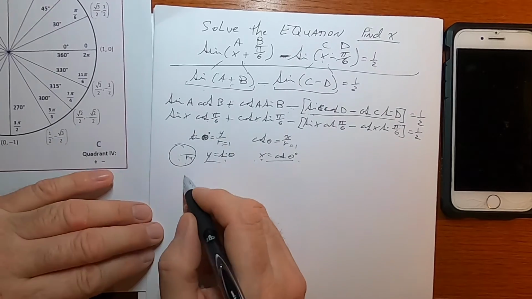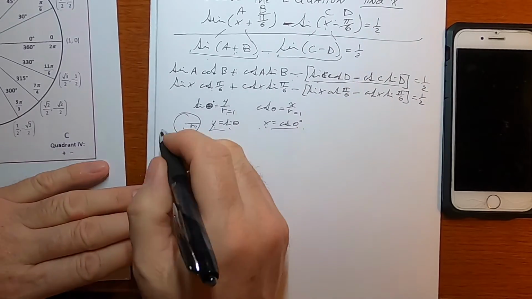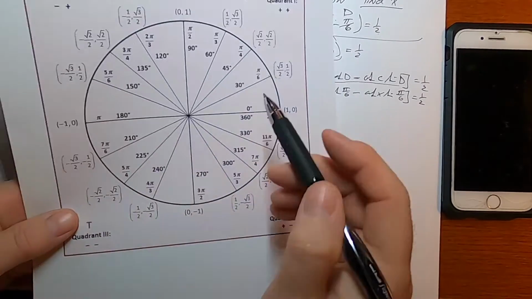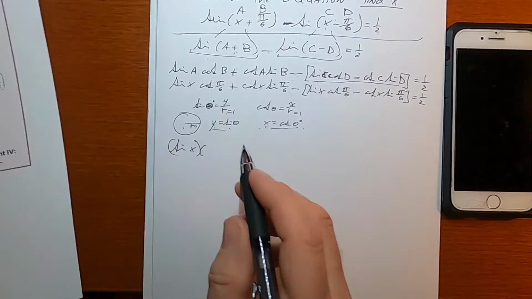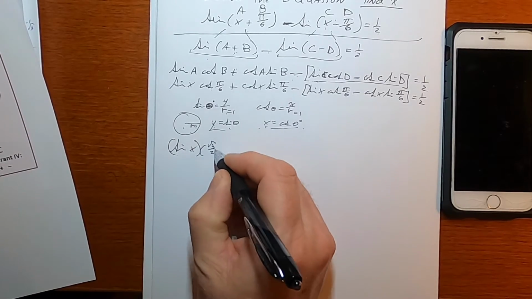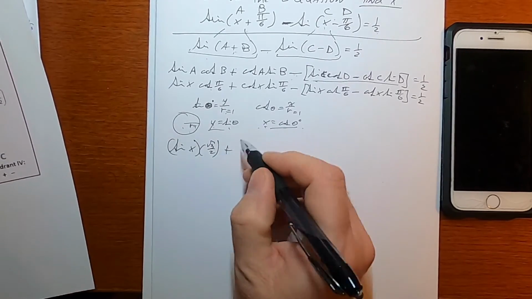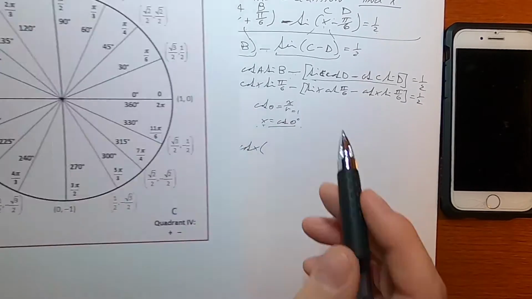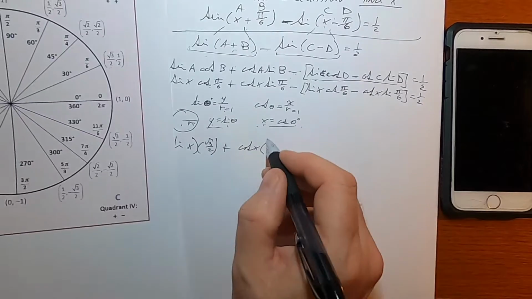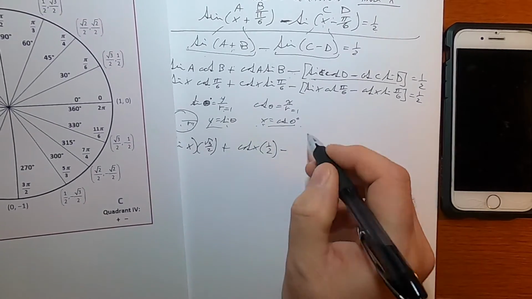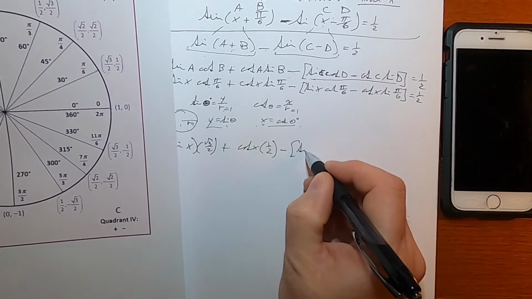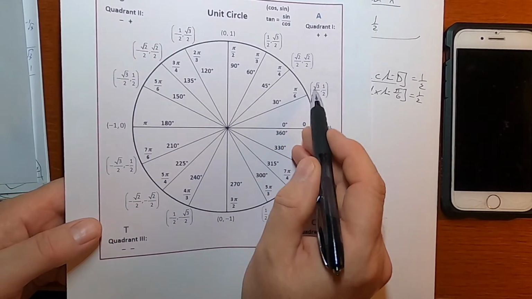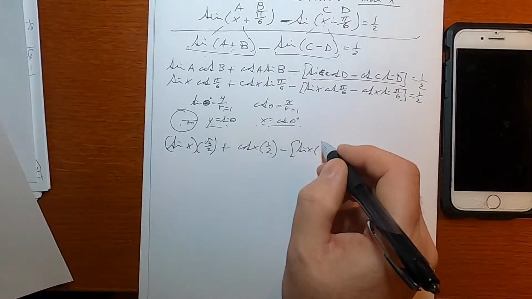Okay, so getting back to the problem, we have the sin x, and now the cosine of π/6, square root of 3 over 2, plus the cos x, and now the sine of π/6, 1/2, minus the sin x, and then the cosine of π/6, square root of 3 over 2.